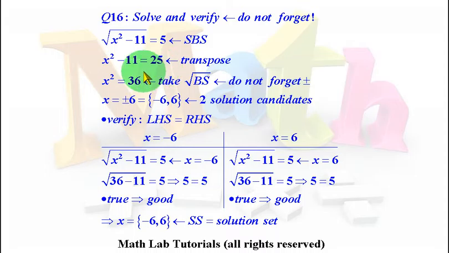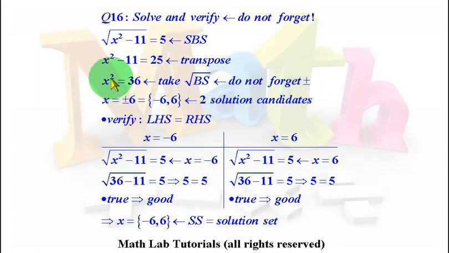And now it's time to transpose the minus 11 over to the right-hand side. When we do that, we're left with x squared equals 25 plus 11, which is 36. And at this stage, we take the square root of both sides. And when you take the square root of both sides, make sure not to forget the plus or minus on the right-hand side, okay?